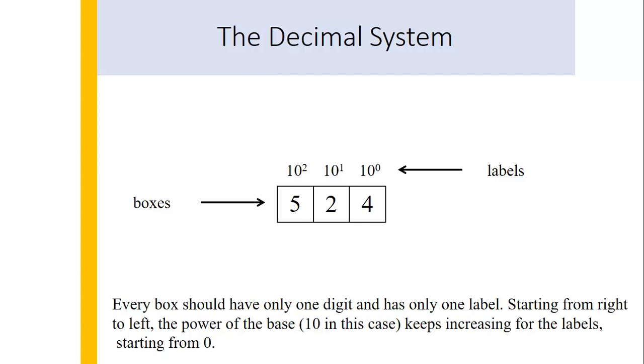We go till 2 because we have a total of 3 digits, right? Starting from the right to the left, the power of the base 10 keeps increasing, starting from 0. Now when we calculate the decimal number, it is 5 into 10 to the power 2, plus 2 into 10 to the power 1, plus 4 into 10 to the power 0.